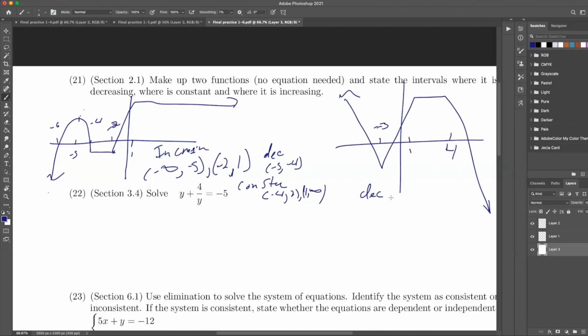So here it's decreasing from minus infinity to minus 3, and from 4 to infinity. It's increasing between negative 3 and 1. So it's increasing from minus 3 to 1.